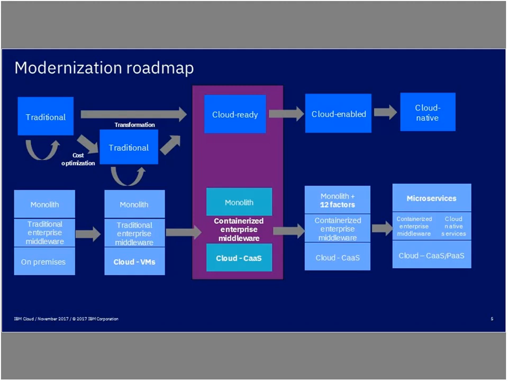So we're starting from the left, where we have a traditional workload, which is running on-prem, and I'm going to use the word monolithic. And it is running inside an enterprise data center, and it's using a traditional middleware stack, and hopefully it's an IBM middleware stack, but it doesn't necessarily have to be.